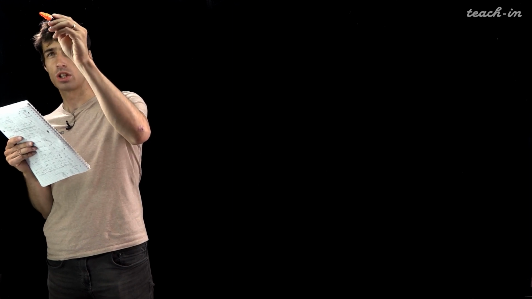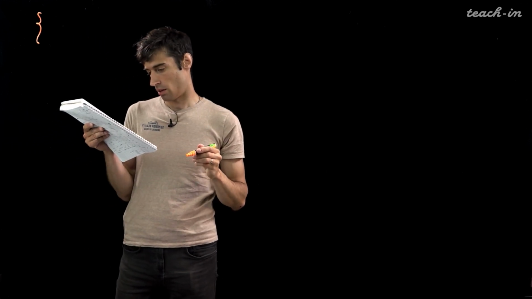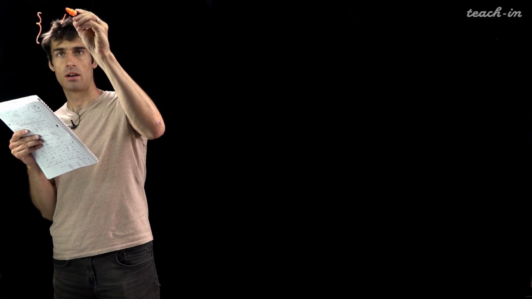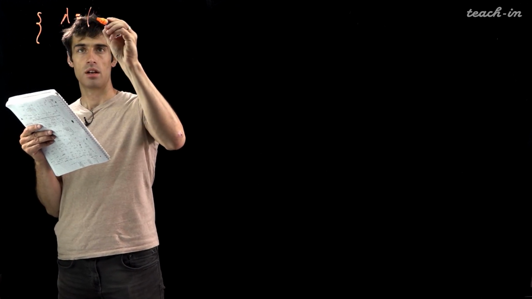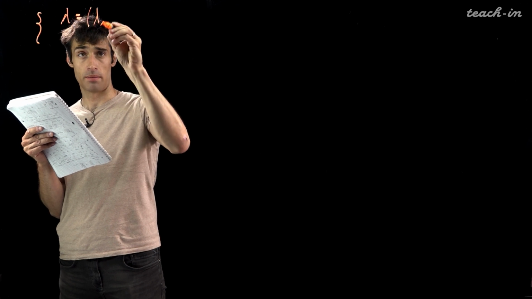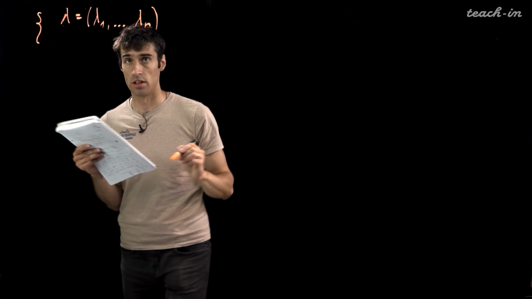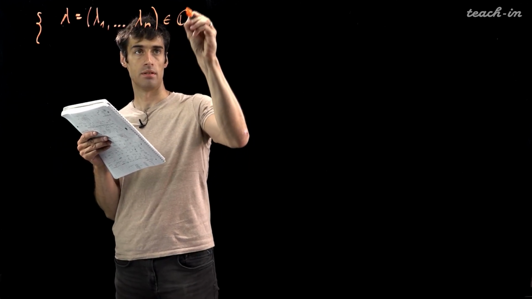We have a bijection between the following sets. One is all elements lambda, so these are tuples consisting of n complex numbers. So this lives in C^n.